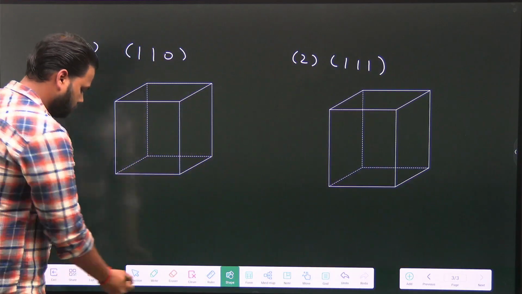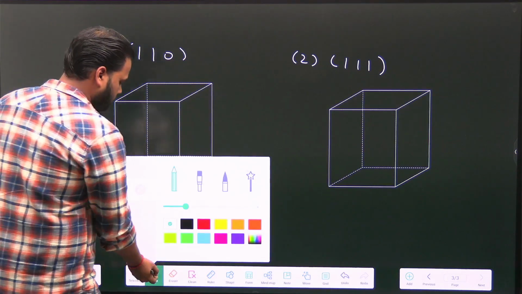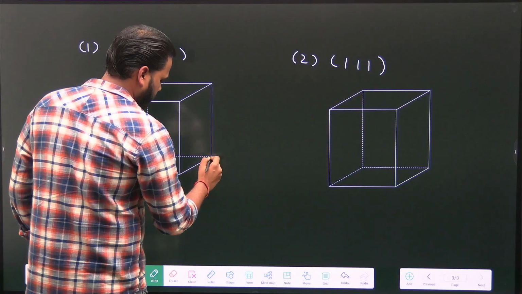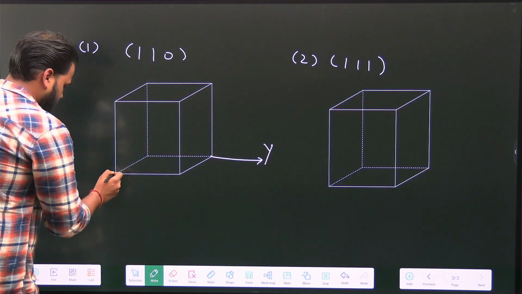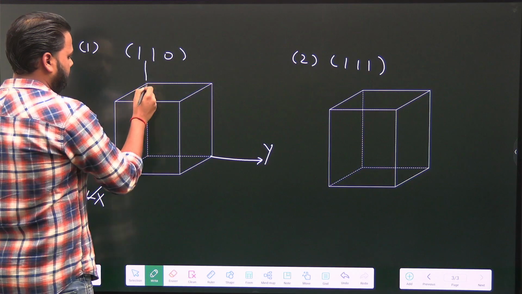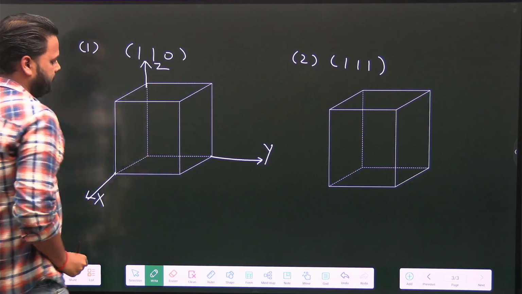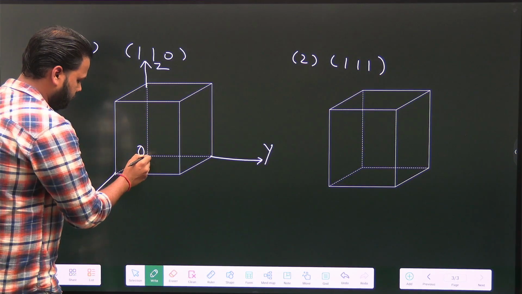Obviously this will be our y-axis, this will be our x-axis, and this will be our z-axis. Okay, let's suppose this is our origin.